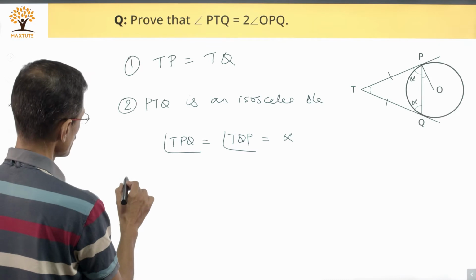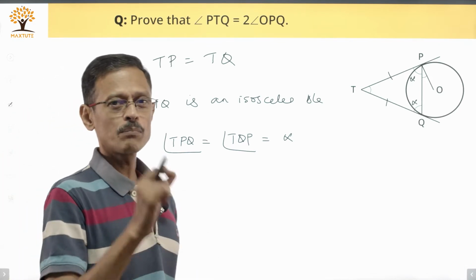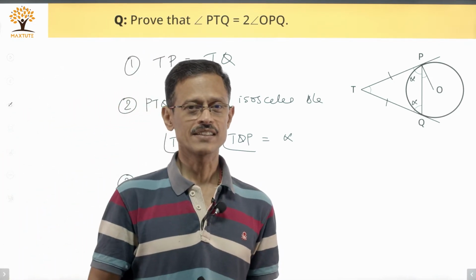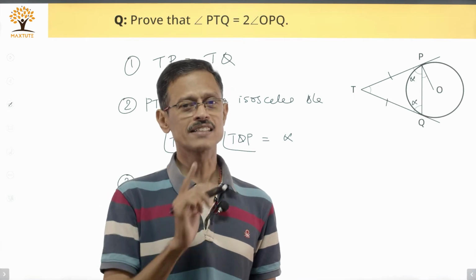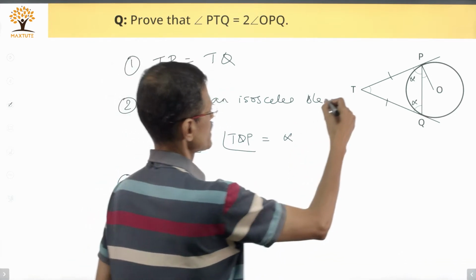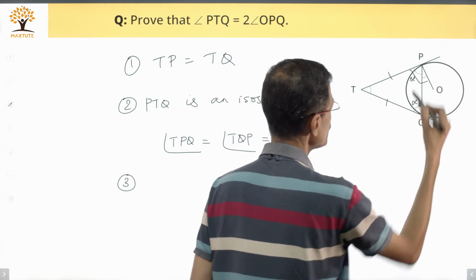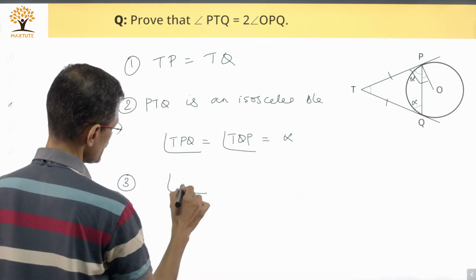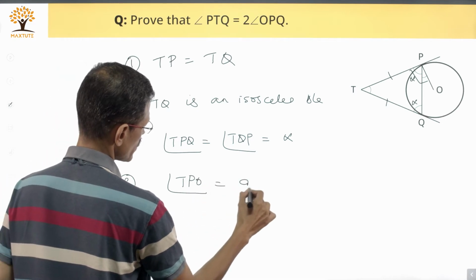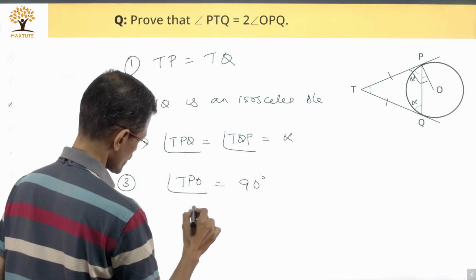The third property I am going to be using is that at the point where the tangent comes in contact with the radius, the angle between the radius and the tangent is a right angle. Tangent is TP, radius is OP. So, angle TPO is equal to 90 degrees. Why?